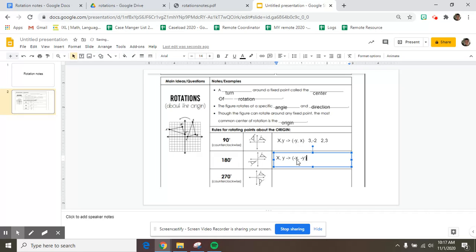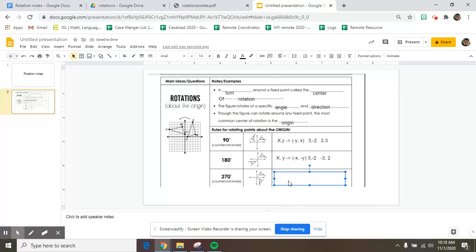What that means is you are going to keep the X and Y in the same spot, but whatever sign they are, they are going to change. So if they were first positive, they're going to be now negative. If they were negative, they are now going to be positive. So again, if we have the point 3, -2, that is now going to change into a -3 and a +2. You see our difference there.